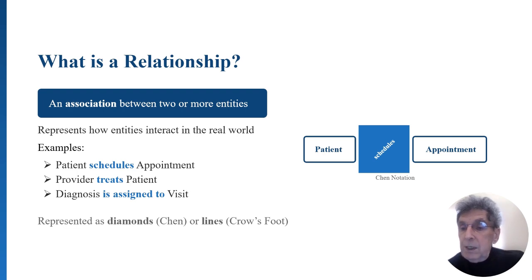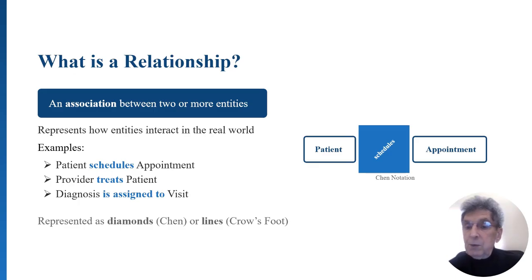Examples in healthcare: patient schedules an appointment, provider treats patient, diagnosis is assigned, medication is prescribed. In entity relationship diagrams, relationships are visualized differently depending on the notation. In Chen notation, relationships are shown as diamonds connecting entities.